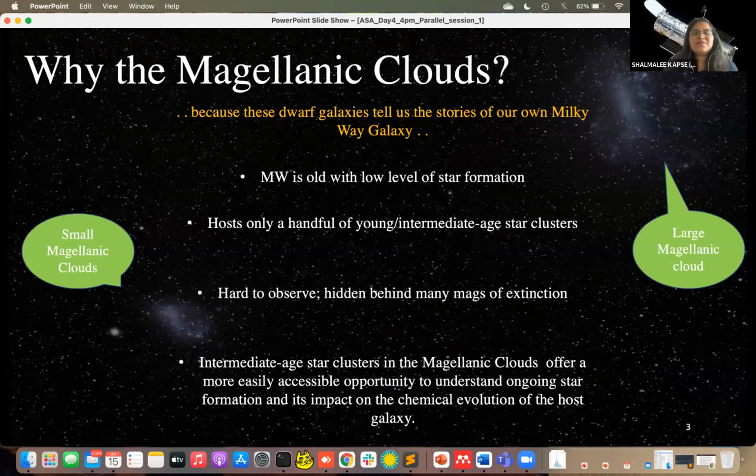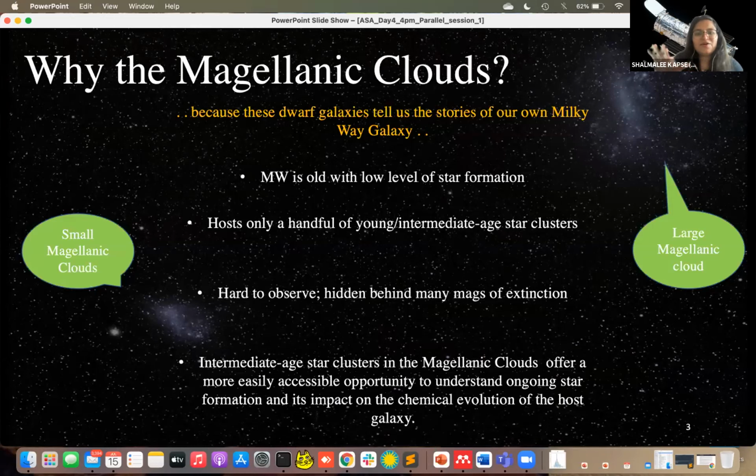So why do we then study the clusters which are residing in our nearest galaxies? Why not just study the clusters which are present in our own Milky Way galaxy? The main reason is that the Milky Way galaxy doesn't have a lot of young or intermediate age star clusters.